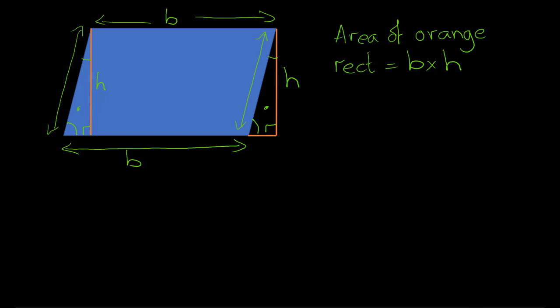So all of that leads us to understanding that the triangle on this side is the same area as the triangle there. So by cutting it off and moving it over here to form a rectangle, I haven't cheated. And so that's why the area of a parallelogram is the base times that perpendicular height.